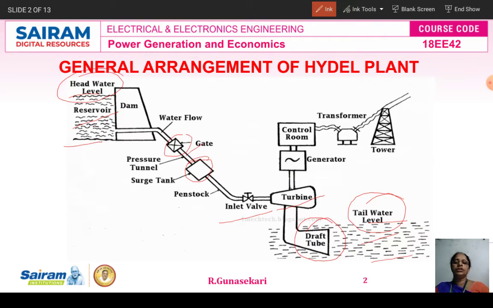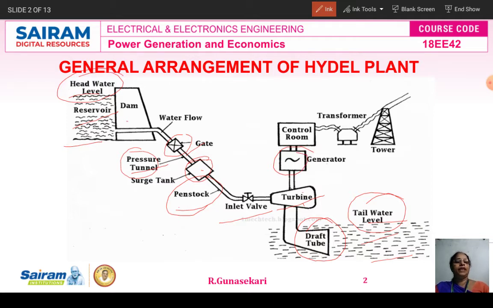I already told about the pressure tunnel. That means the water goes from the dam to the surge tank through the pressure tunnel. From the surge tank to the turbine, we use the penstock. The turbine is coupled with the generator.